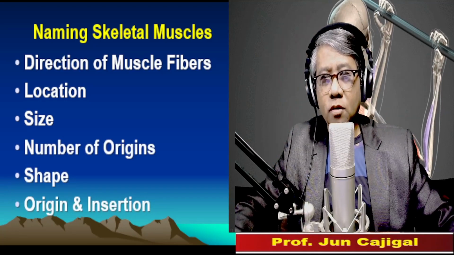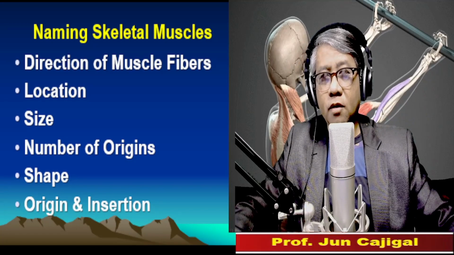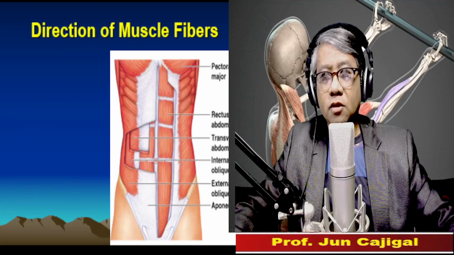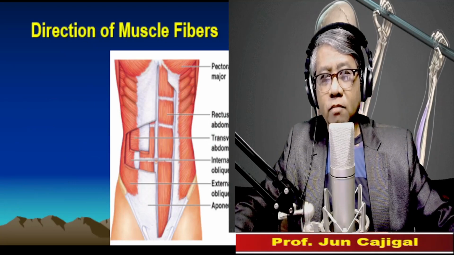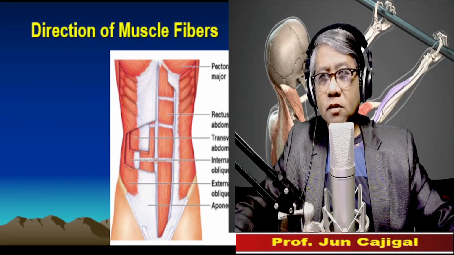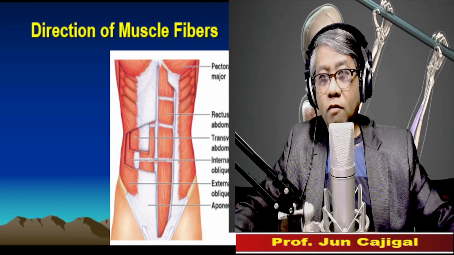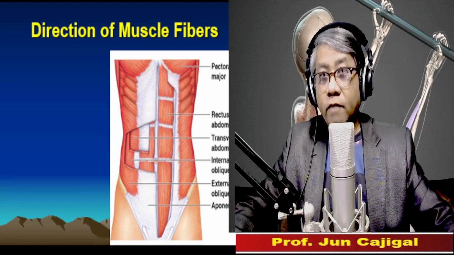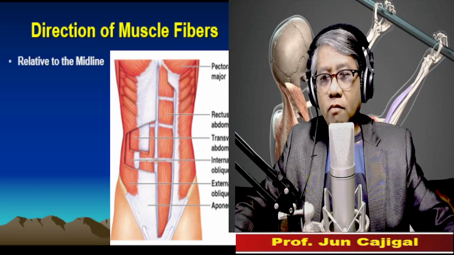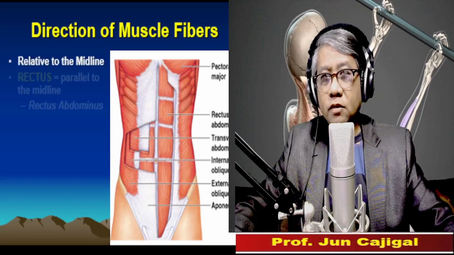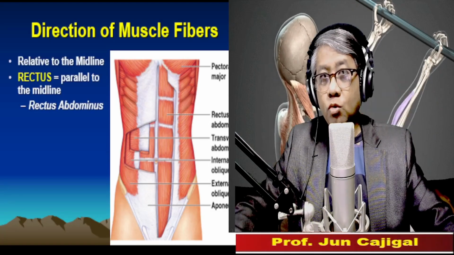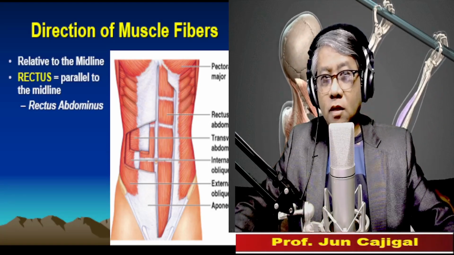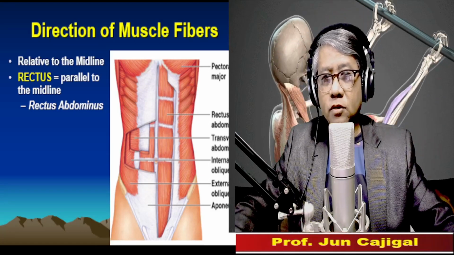Now let's take a look at naming or identifying skeletal muscles based on the direction of the muscle fibers. In this case, we make use of the midline as our reference. If the muscle fibers are parallel to the midline, we call that rectus, like rectus abdominis.